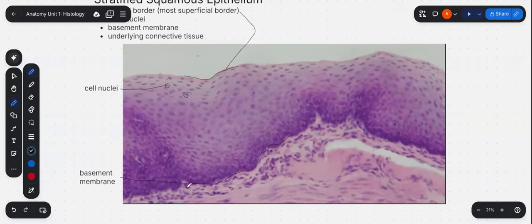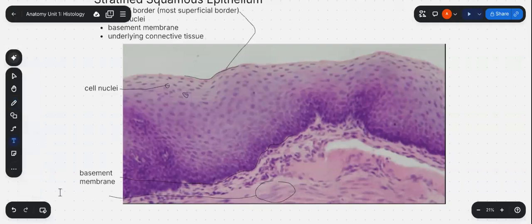It's the ending of the stratified squamous, and now you are starting a different type of tissue. This tissue that is over here has a very fibrous, stringy texture. So this tissue right over there is going to be your underlying connective tissue.